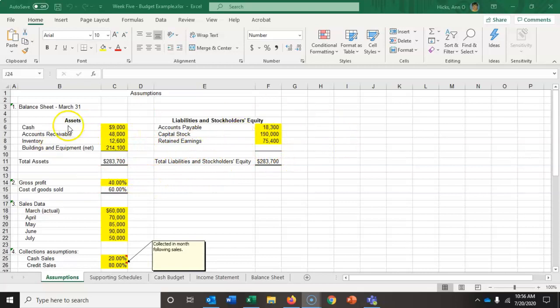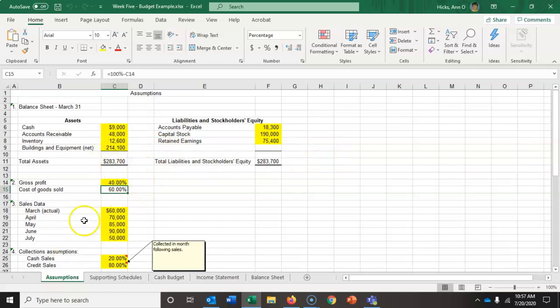So this is just a very highly summarized balance sheet that we anticipate starting the second quarter with. Then we're going to assume that we sell our product at a gross profit of 40%, which means that cost of goods sold will be 60% of our sales price.